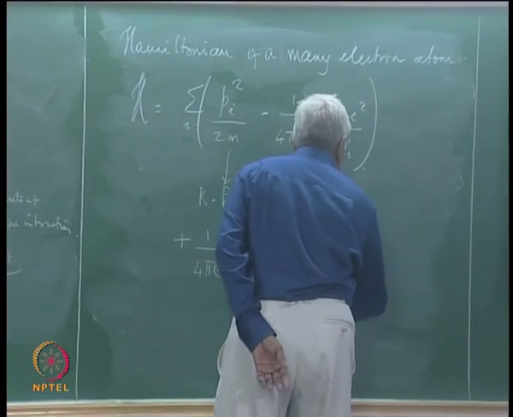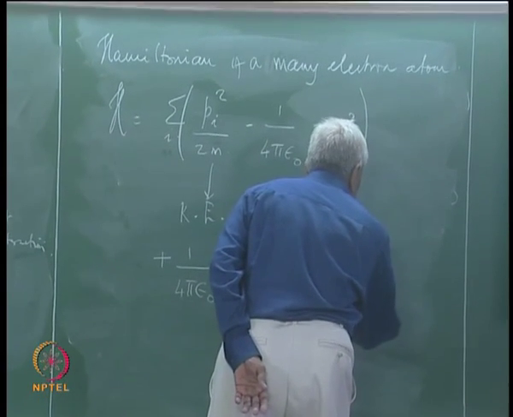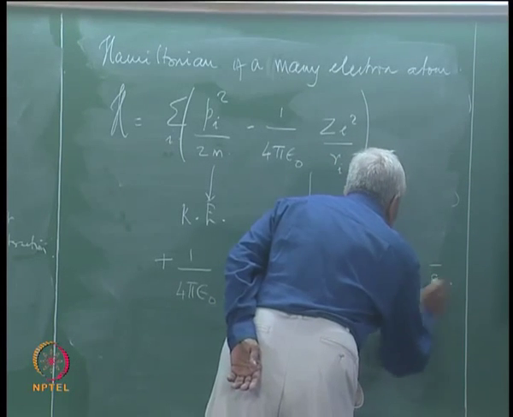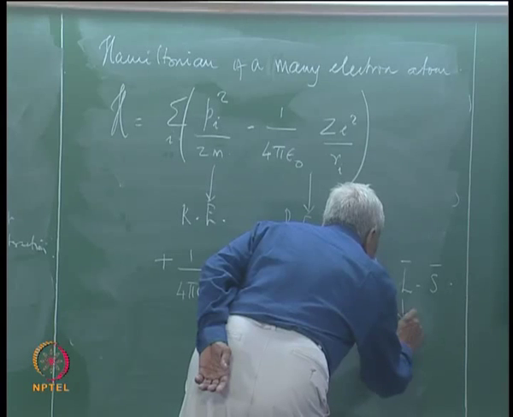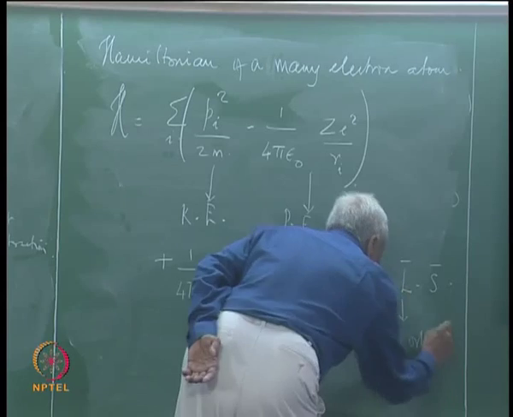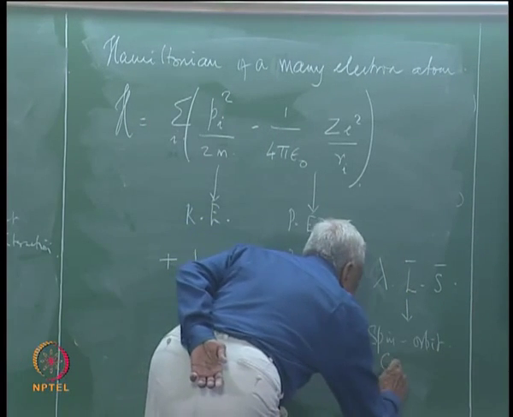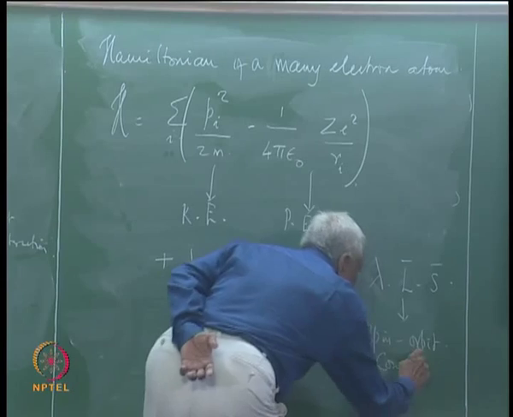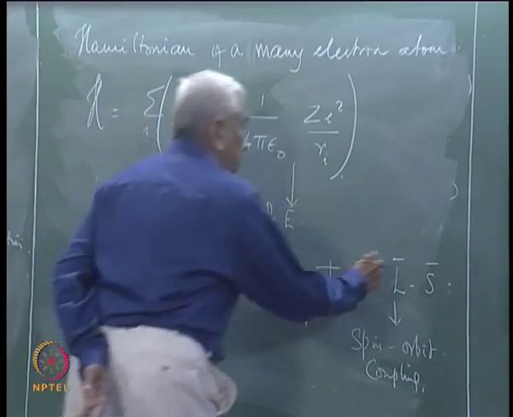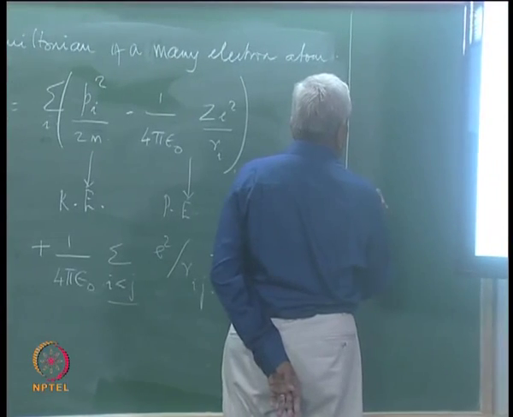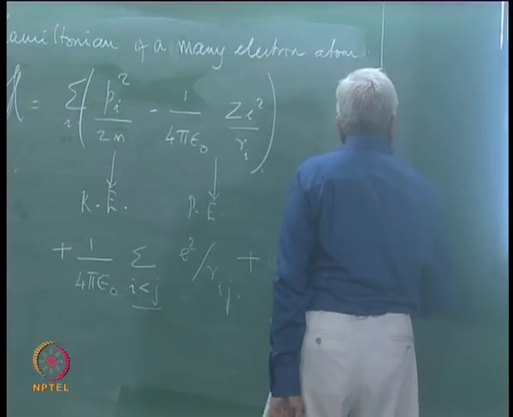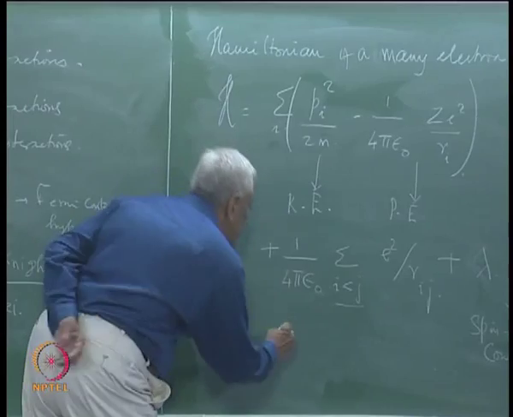Then we have the spin orbit coupling. This is the coupling between the electronic spin and orbital angular momentum. Then we have the Zeeman field.